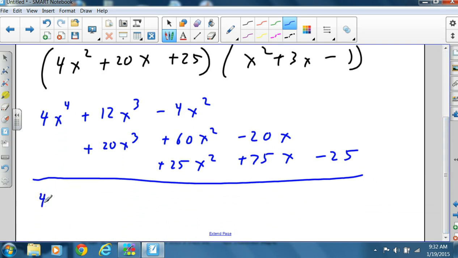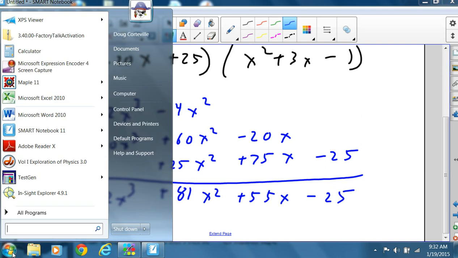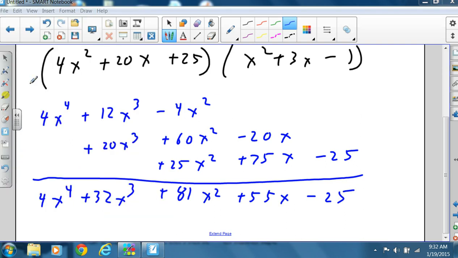All right, 4x to the 4th, 32x cubed, 81x squared, 55x, 25. And you say, well, maybe that's right. I don't know.